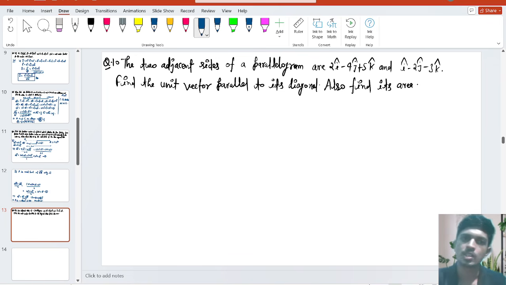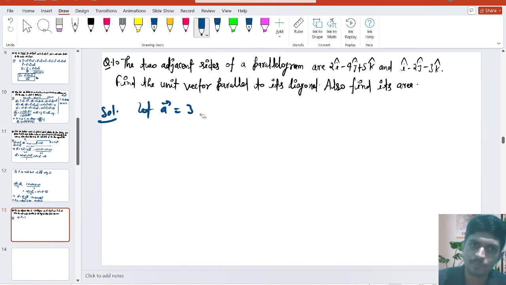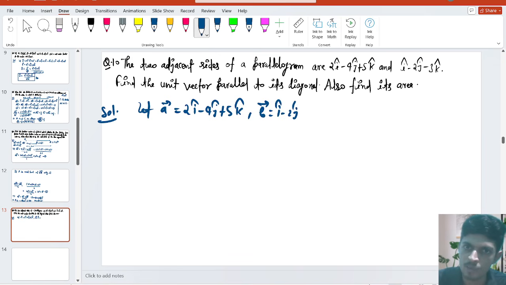The two adjacent sides of a parallelogram are given. Solution: let vector A equal 2 i cap minus 4 j cap plus 5 k cap, and vector B equal i cap minus 2 j cap minus 3 k cap, and suppose this is the parallelogram here.